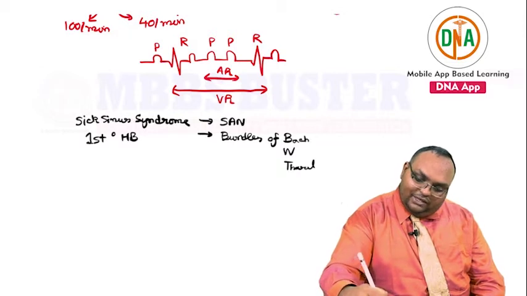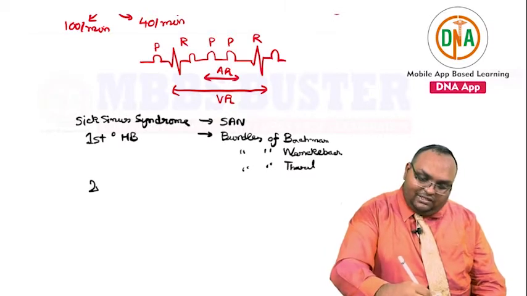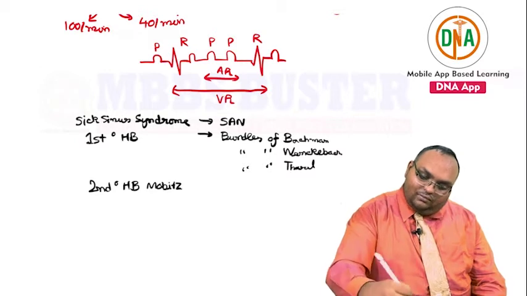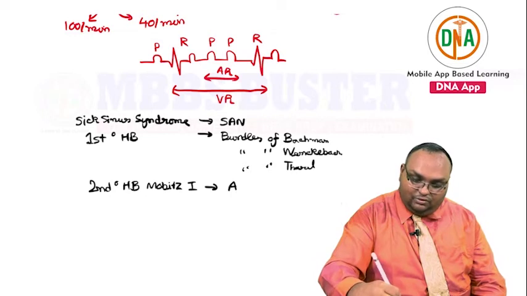That means between the SA and AV nodes. If you have a second degree heart block, Mobitz type 1, then the pathology lies in the AV node.